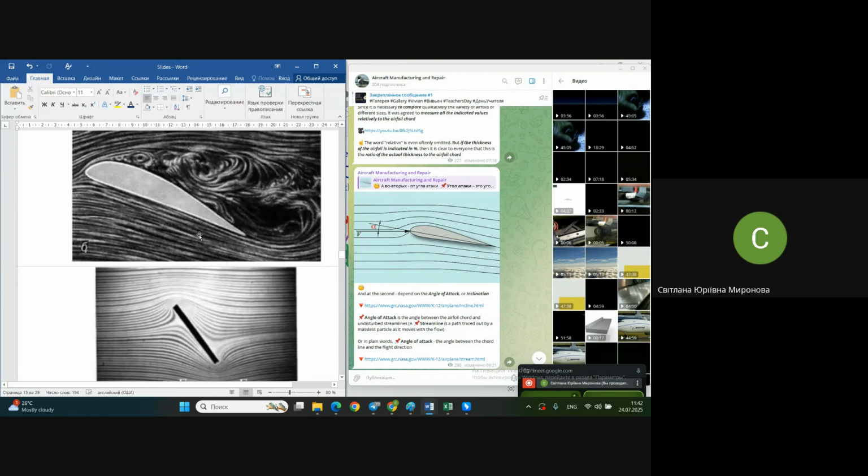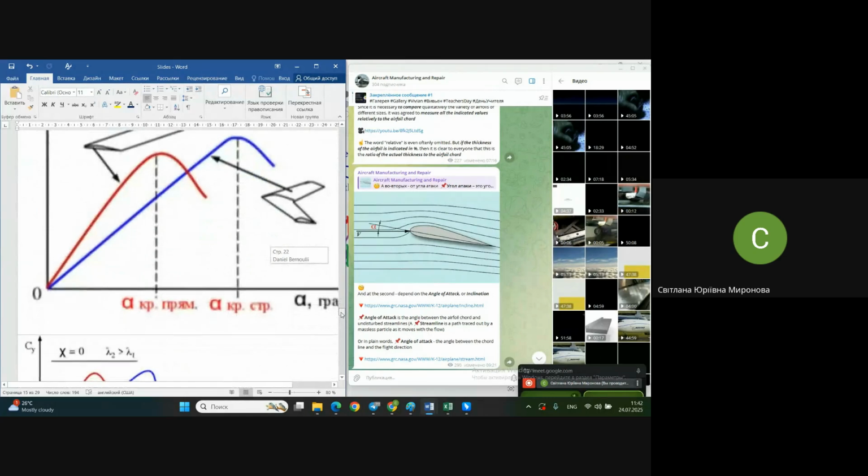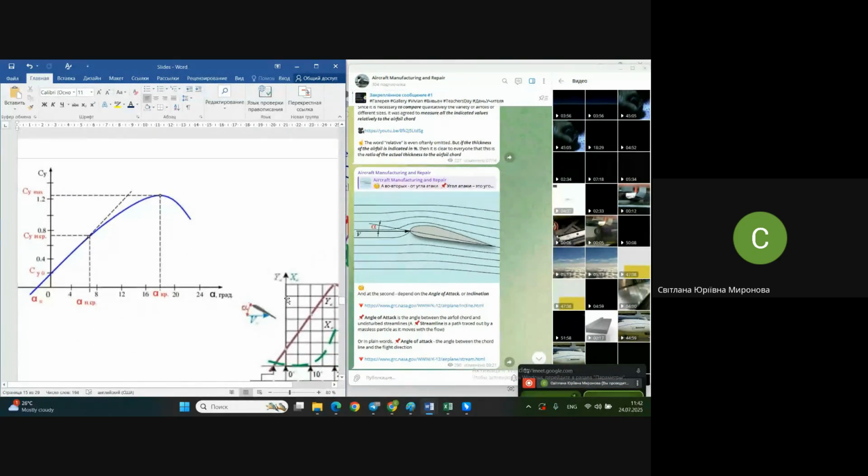It will result in reducing of lift. Here we see already some area where the lift is gradually reduced. It's already different from the straight line. So this rule, the more the better, since some moment it does not work.